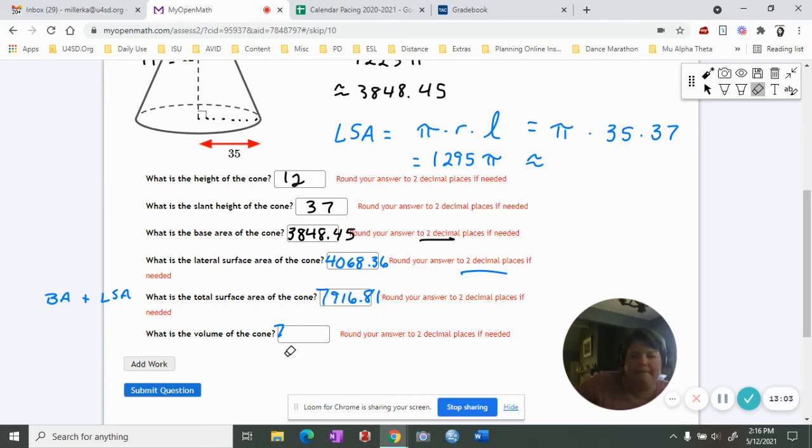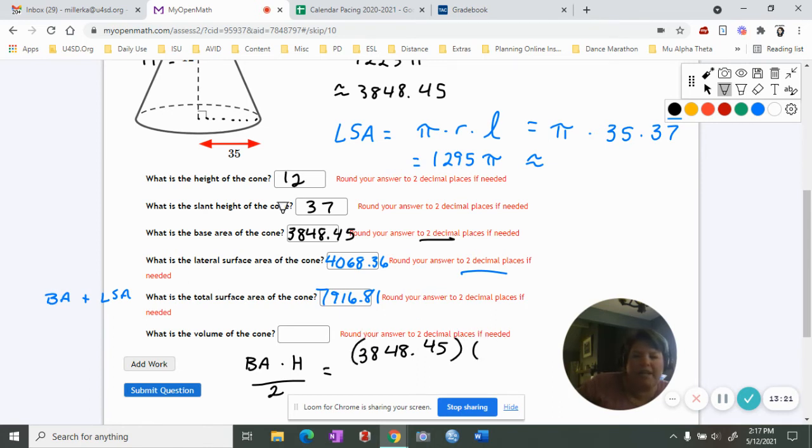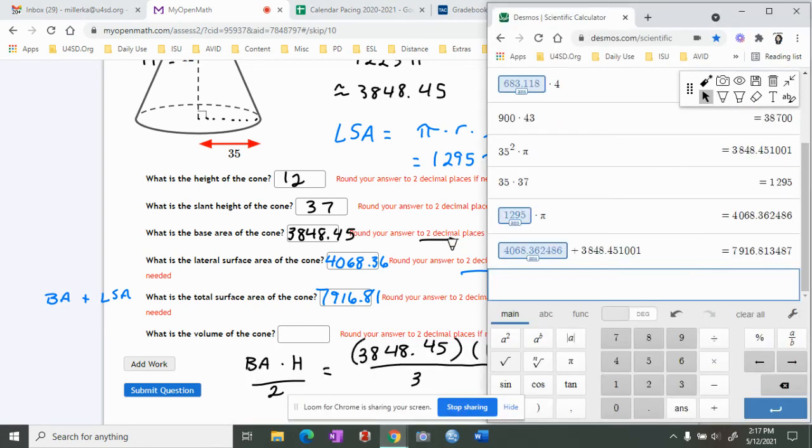7916.81. And then our volume is the base area times the perpendicular height divided by 3. So our base area is 3,848.45. Our perpendicular height is 12, and then divide by 3.